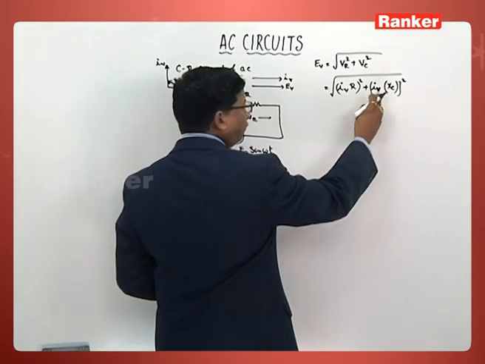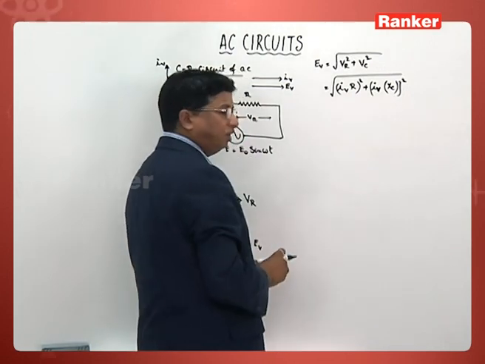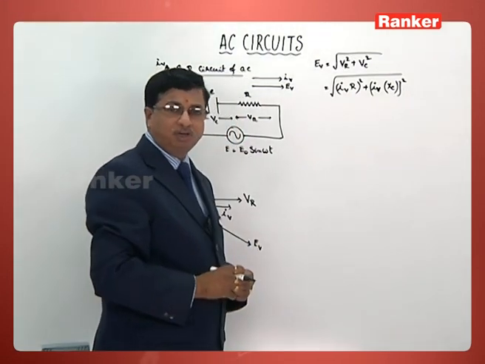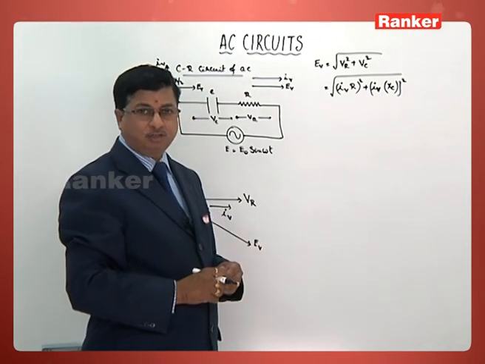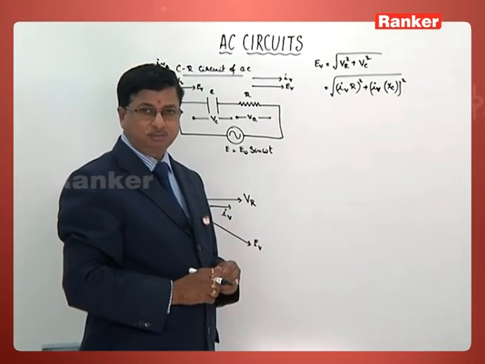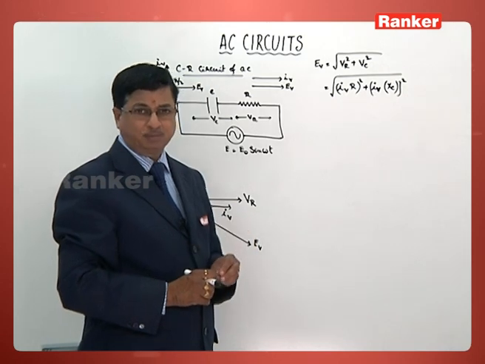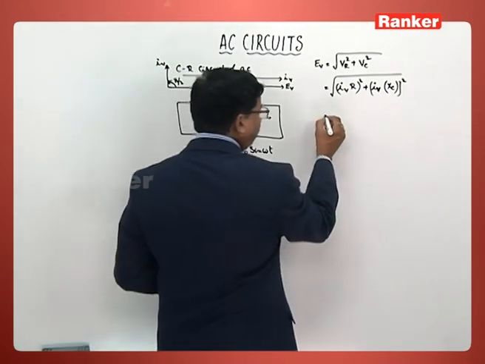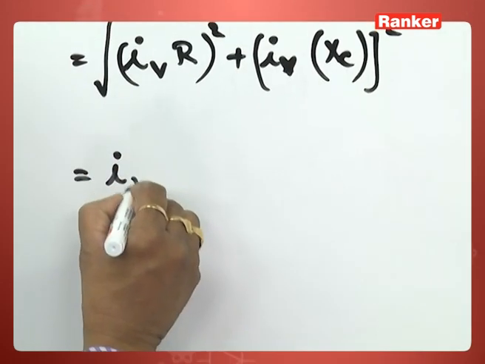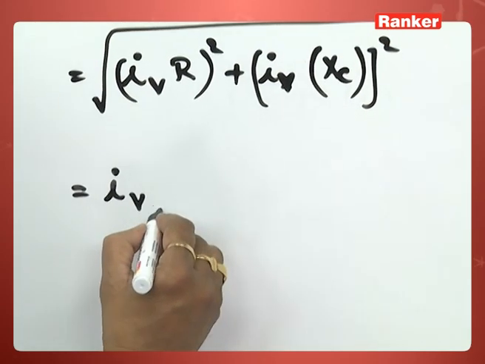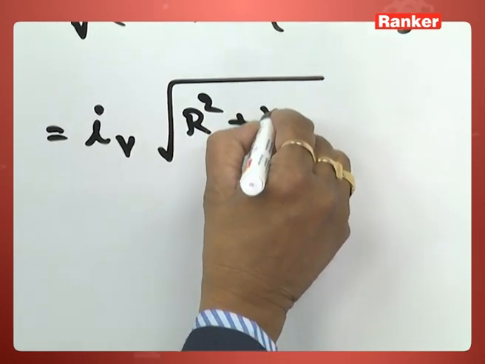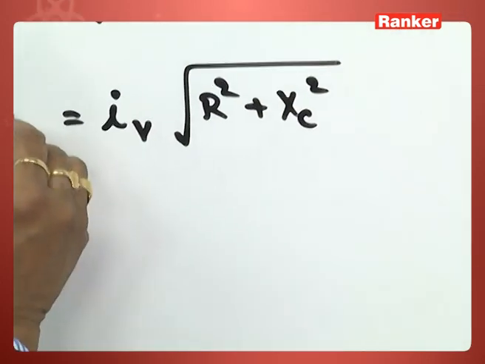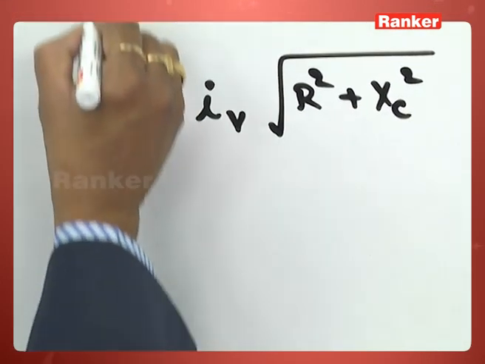And we can all understand well this XC represents capacitive reactance. It is the resistance offered by the capacitor to an AC, to alternating current, that is the point. So we can rewrite the same this way as virtual value of current into root over R square plus XC square, that now becomes EV.